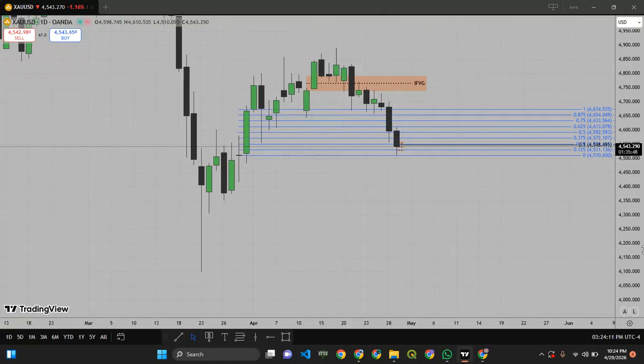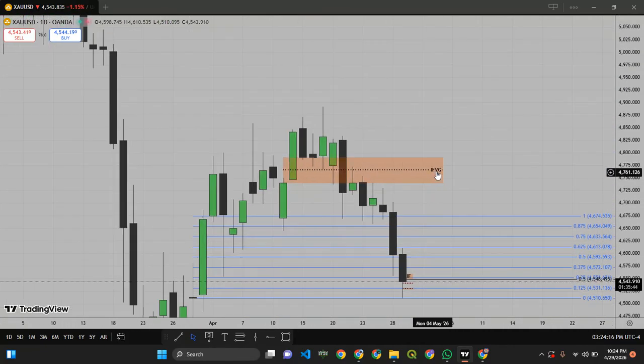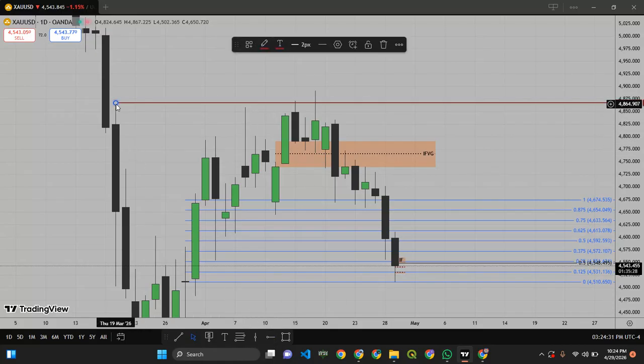I said that I was going to explain the concept of inversion fair value gap. This is where we have this buy side imbalance, sell side inefficiency, and in this case price attacked this high here and this high here. See that? That's a Judas swing. In a case of liquidity attack, we have liquidity run and liquidity sweep.